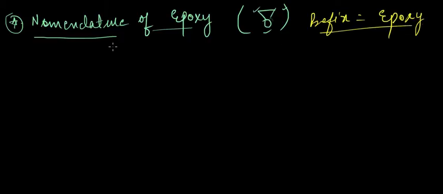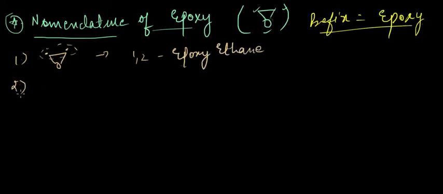So let's do some examples on this organic compound. So if you have something like this, then it would be called 1,2-epoxyethane. Why? Because these are the 2 carbon atoms, and O is attached to both 1 and 2, so 1,2-epoxyethane.